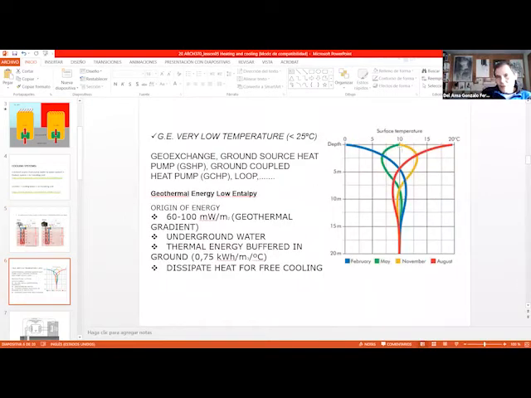Well, this is a graphic about the ground temperature. And that happens everywhere. I mean, this is not happening only in cold countries, it happens everywhere. So there is a point at which the temperature is constant throughout the year and it doesn't change. This is the surface temperature. So the surface temperature of the ground changes.